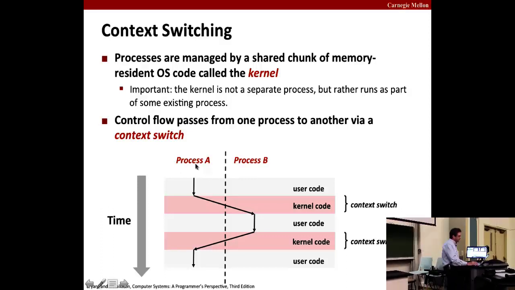The way to think about this is that you have this process A that runs, and then an exception occurs which transfers control to the kernel. The kernel invokes its scheduler, which decides whether to let A continue to run or to do a context switch and run another process.